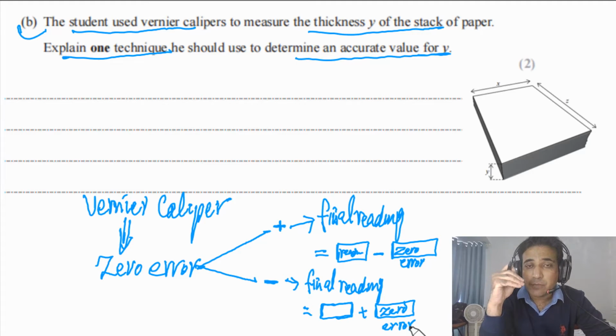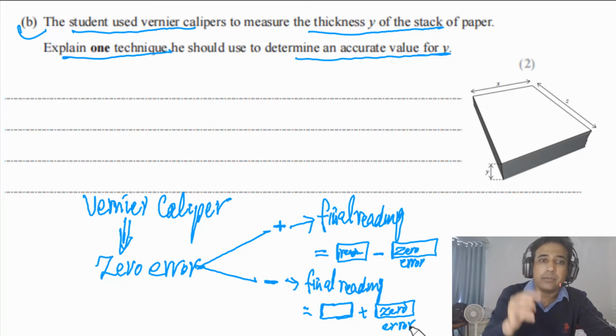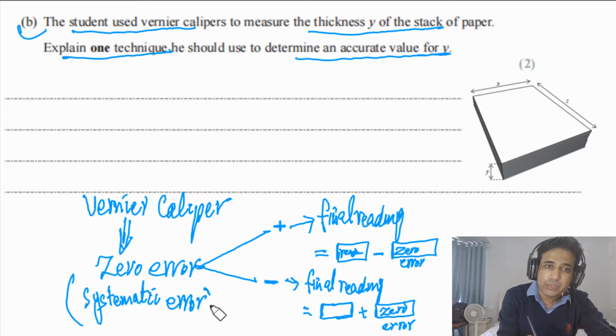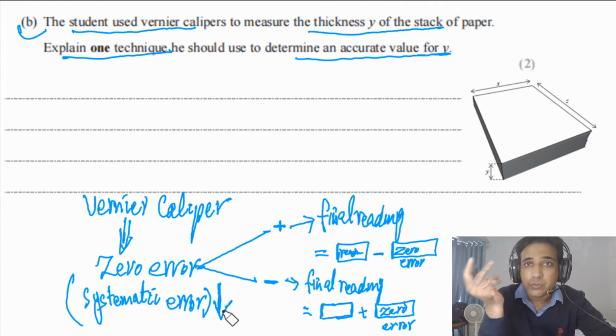In this way we can minimize random error. And by checking for zero error we can reduce systematic error. So these points we can mention.